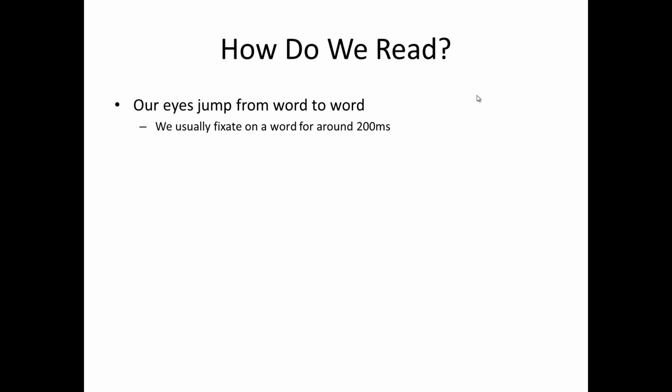So I usually fixate on a word for around 200 milliseconds. It's not too long. It's average. I mean, 200 to 250 milliseconds, we can decrease that. So movements between words are called saccades, and usually take 20 to 35 milliseconds.